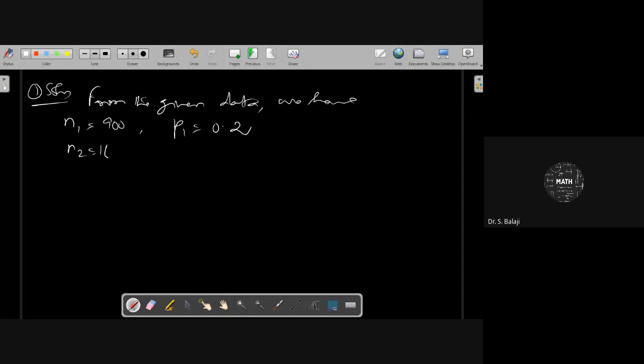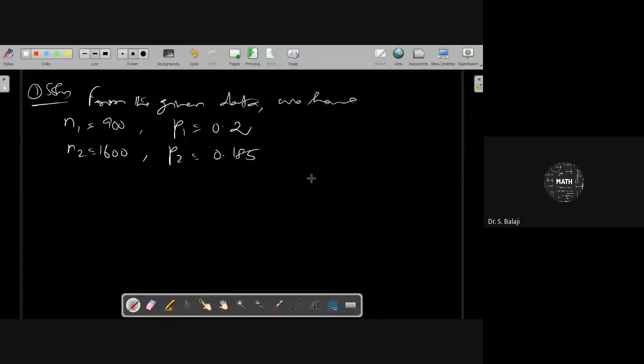N2 is equal to 1,600 and P2 is correspondingly 18.5%, therefore 0.185.